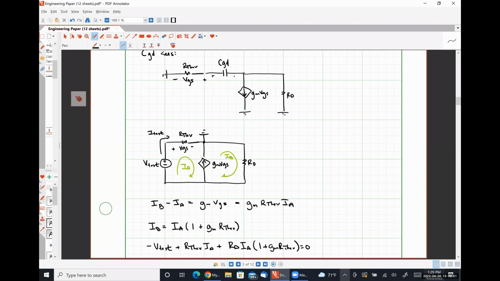So what I'm going to do now is just move V test to the other side of the equal sign and then divide both sides by IA. And I'm going to do that up here so I don't have to go to the next page yet.